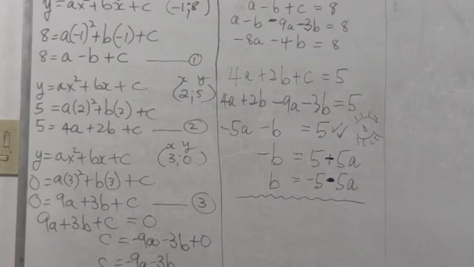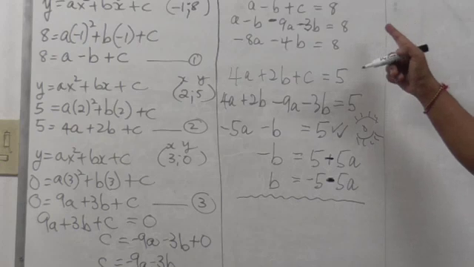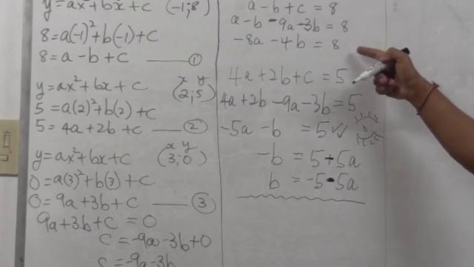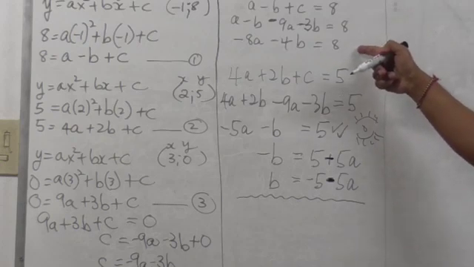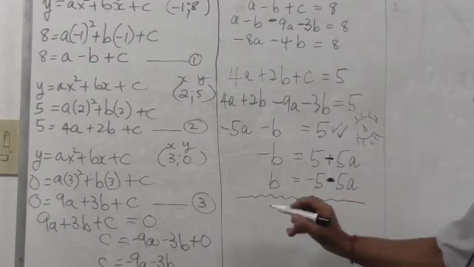Now we can go back to this one, right? We've got b. So b is minus 5 minus 5a.